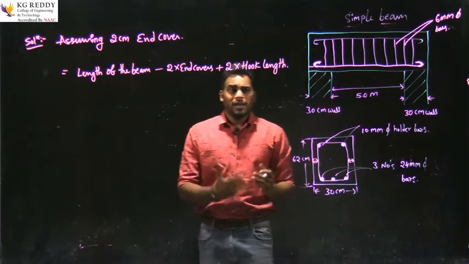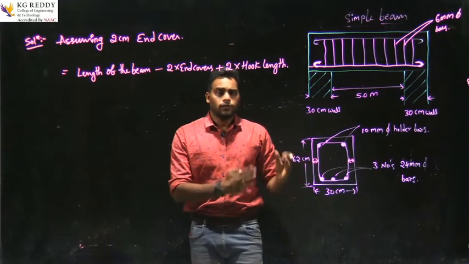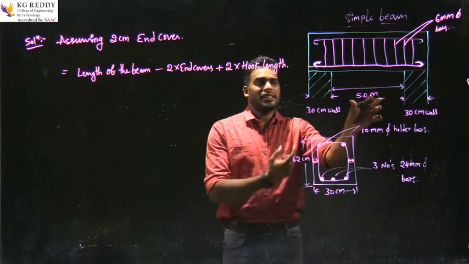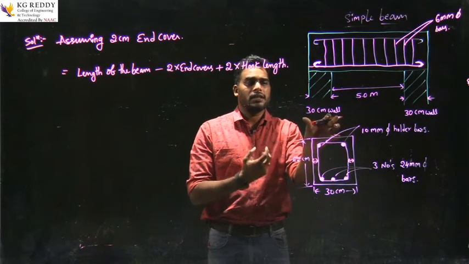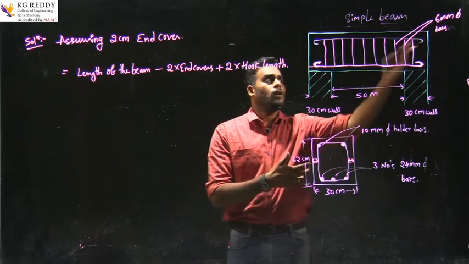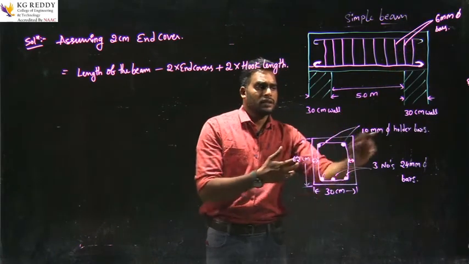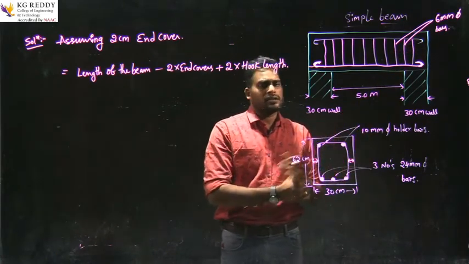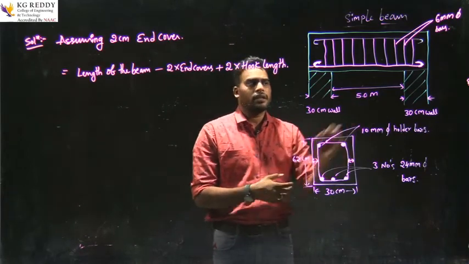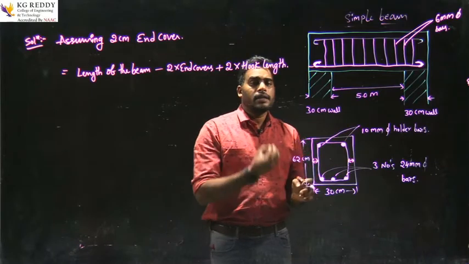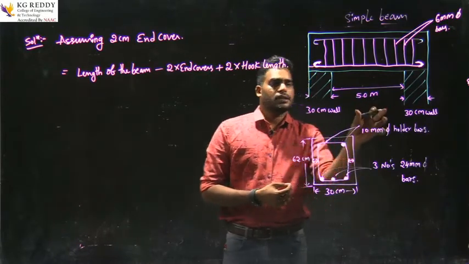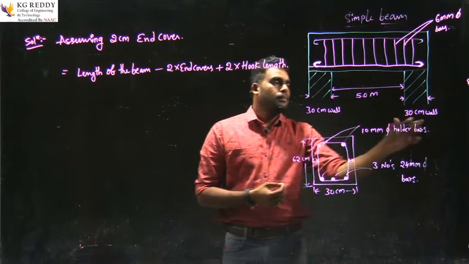What is the total length of the beam? He mentioned 5 meters here and centimeters here. All these values are in centimeters, so we will convert into centimeters only. 5 meters converted into centimeters comes to 500 centimeters, plus 30 plus 30.